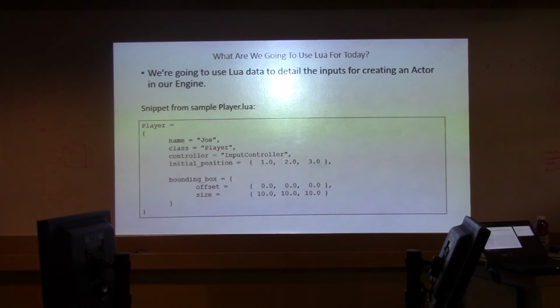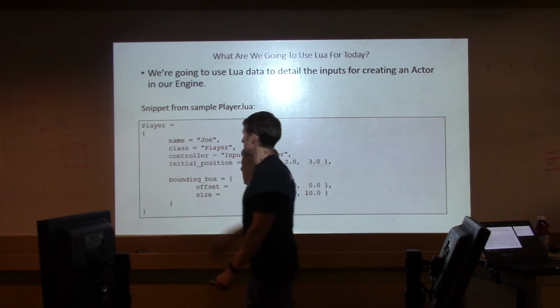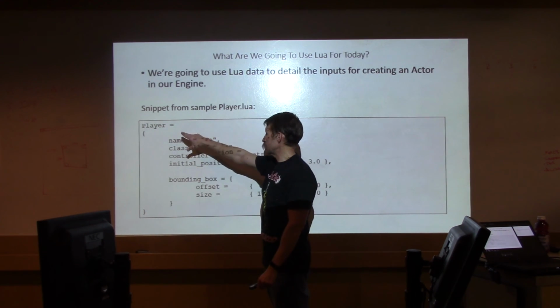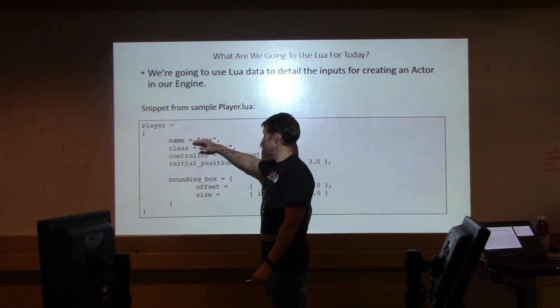All Lua data is a table, a table of key value pairs, and a table itself can be the value for a key. Here's the key and here's the value, and the data type of that value is a table, which has a bunch of things in it.